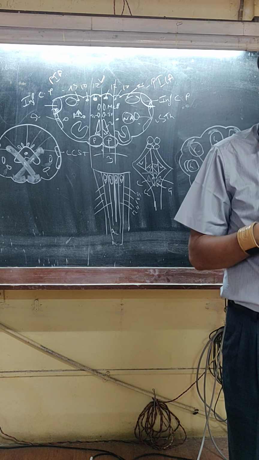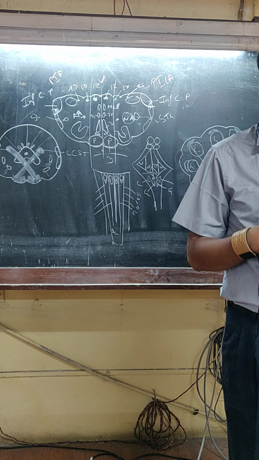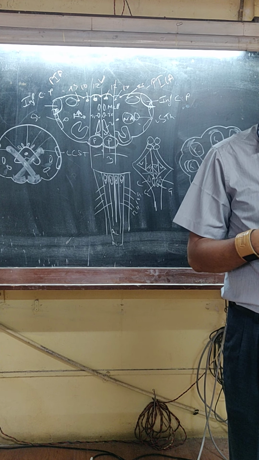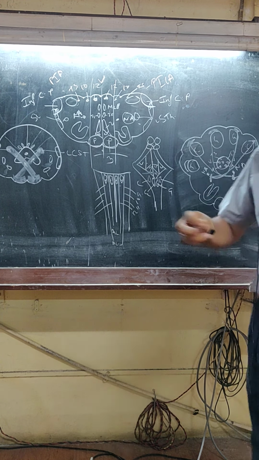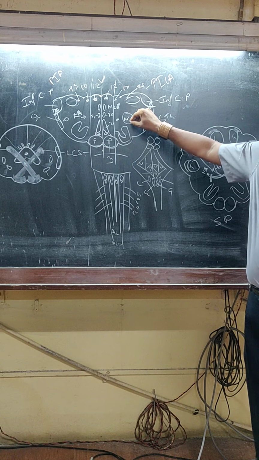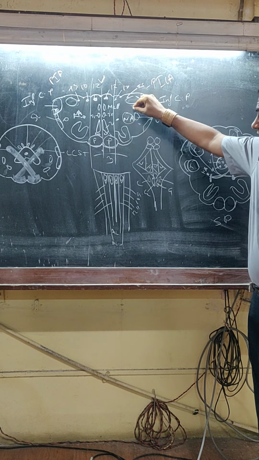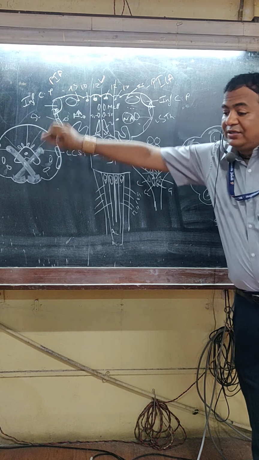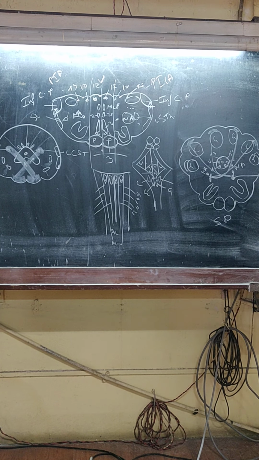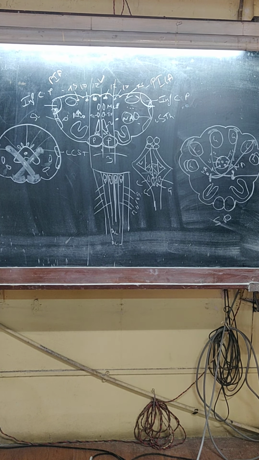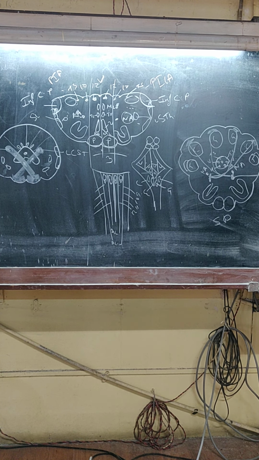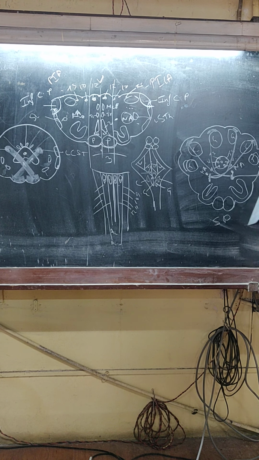So dysarthria, dysphagia: difficulty in talking, difficulty in swallowing. Then descending sympathetic fibers, Horner syndrome: miosis, ptosis and anhidrosis, mostly.